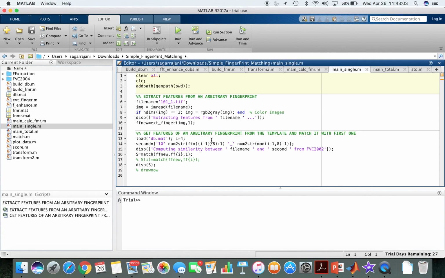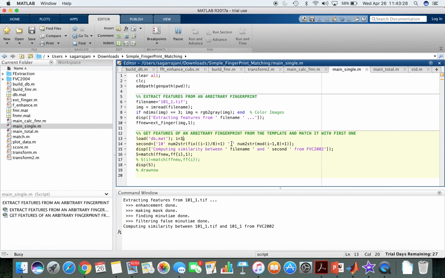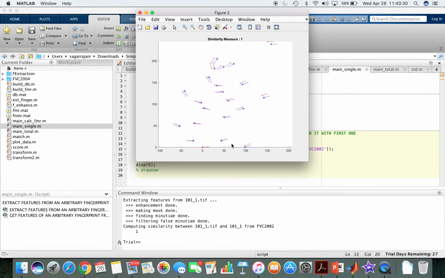If you're given an image and told to compare it with a single image, image enhancement takes place, then segmentation, and then it finds the minutiae features and compares them.